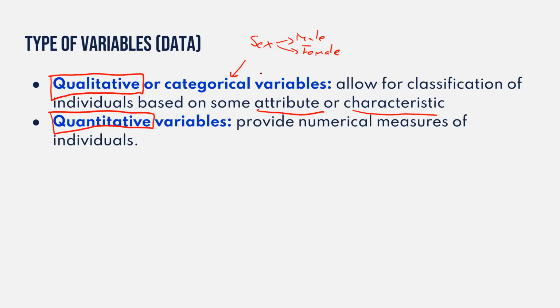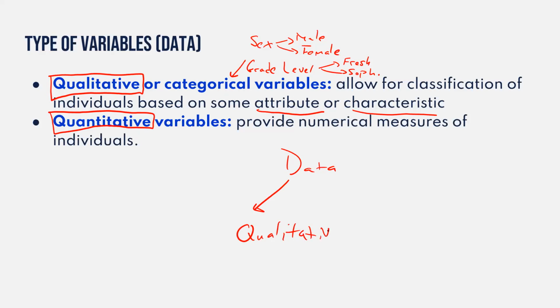We can classify people by their grade level. You're either a freshman or you're a sophomore at the community college. These are the categories you fit into. So that's qualitative. So with data, you first have to decide if it's qualitative, or data can then be quantitative.